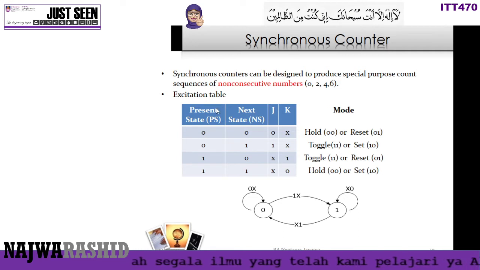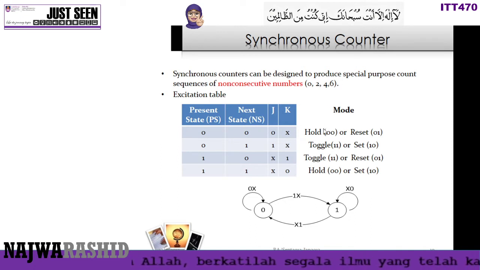If the present state is 0 and the next state is 1, J equals 1, K equals X. Present state 1, next state 0: J equals X, K equals 1. Present state 1, next state 1: JK is X0. So this is the mode for the JK flip-flop.